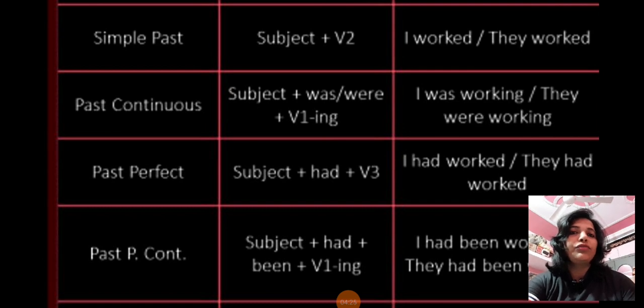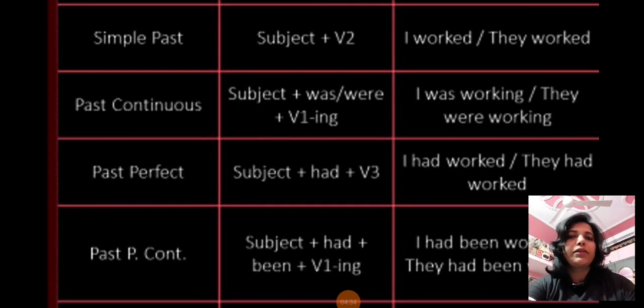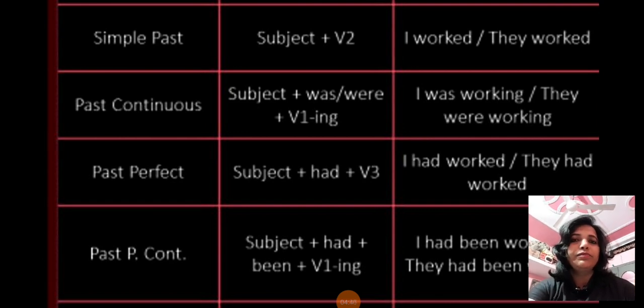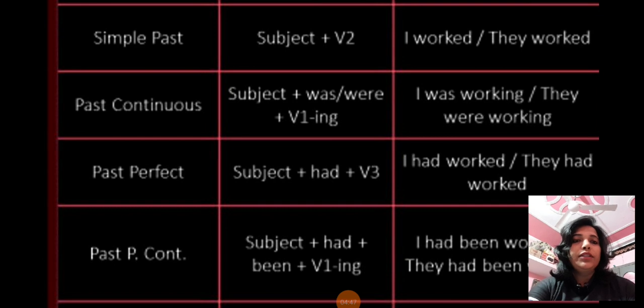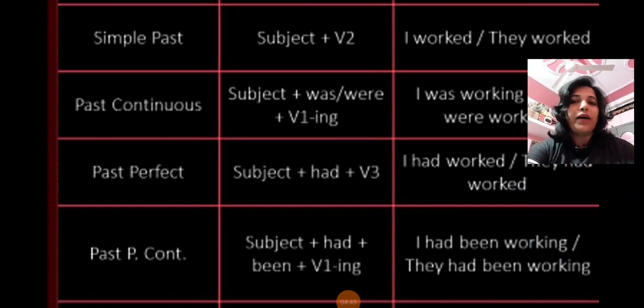You need not be confused like in the present tense, because in that s or es you need to use, is, am, are is there, then have and has is there. So it is a bit confusing. But here everywhere, in most of the cases you will find only a single helping verb. Okay, so this way, I had worked, they had worked. So now the last one of the past tenses is past perfect continuous.